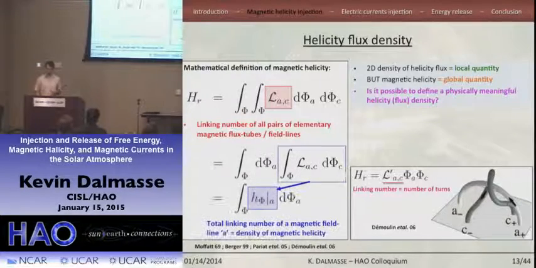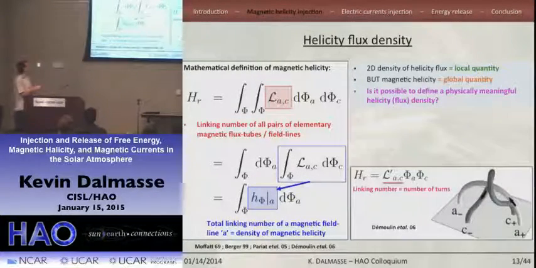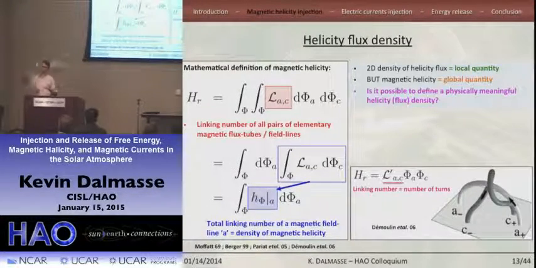So if you do that, and you play with the equation here, then you can rewrite helicity as a single integral of a quantity h_phi, which corresponds to the helicity of a field line. And what this expression is showing us is that the helicity of a field line corresponds to the total linking number of a magnetic field line A. So it describes the number of times that a field line A will turn around each one of the other magnetic field lines C of your configuration.